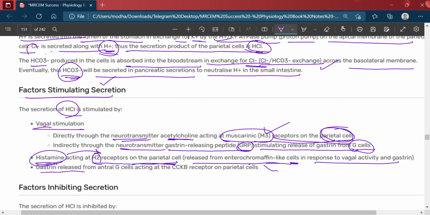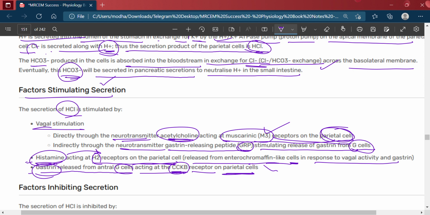Gastrin released from the antral G cell acts at the CCKB, cholecystokinin binding receptor, on the parietal cells. So histamine, gastrin, and the neurotransmitter acetylcholine all increase the secretion of HCl in the parietal cells. Acetylcholine acts on the muscarinic receptor of the parietal cells and secretes HCl.